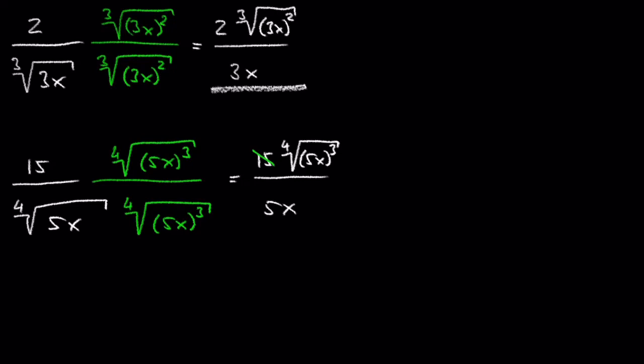Cancelling out the 15 and 5 leads us to 3 times the fourth root of 5x in parentheses and then raised to the 3 over x.